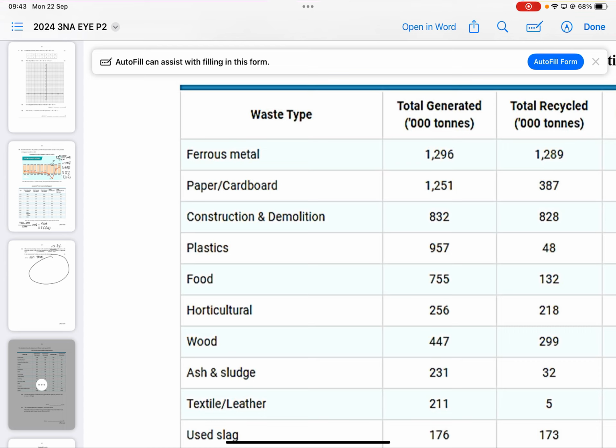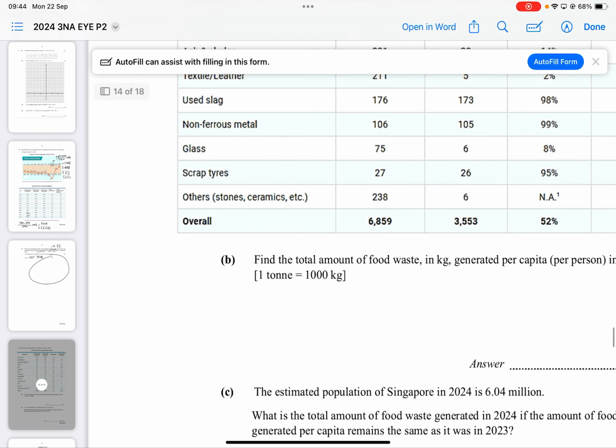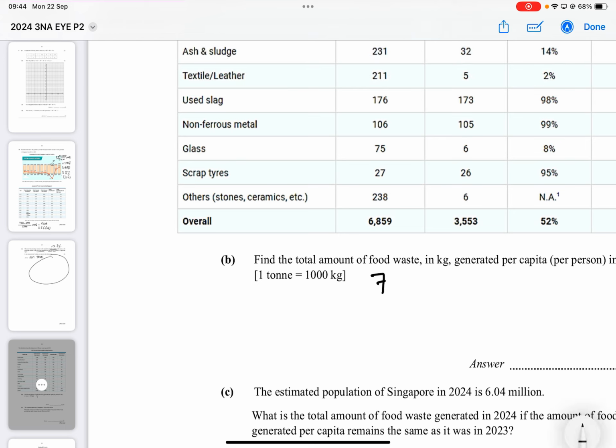Understand what the table is telling us? This is the food waste that is generated, and total generated was 755,000 tons. Okay? So 755,000 tons total.